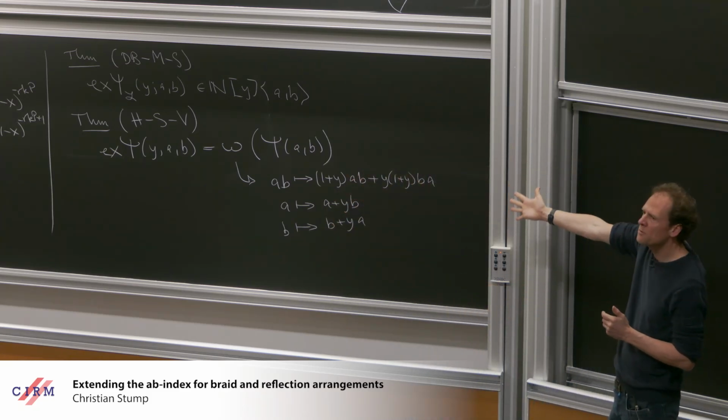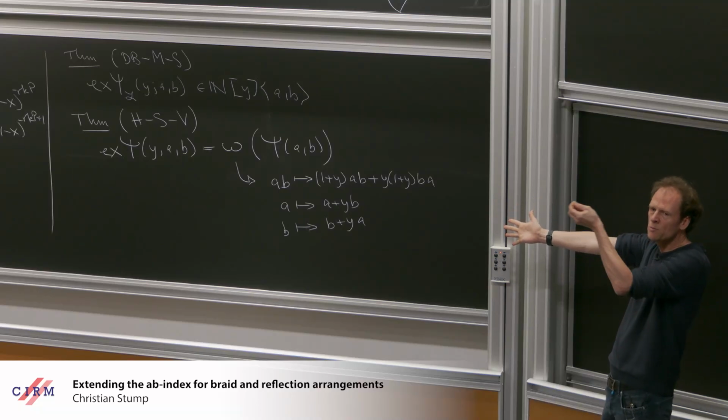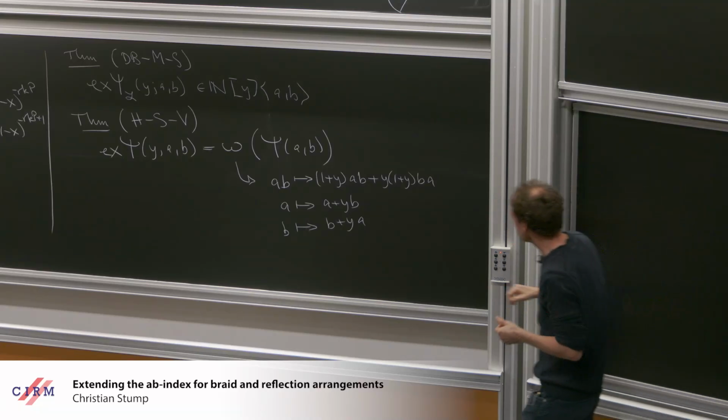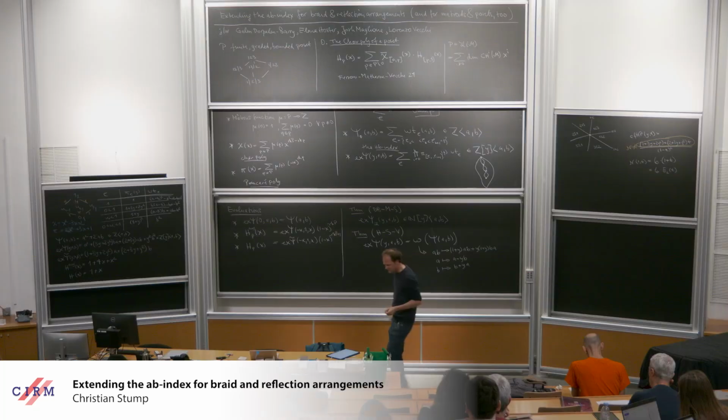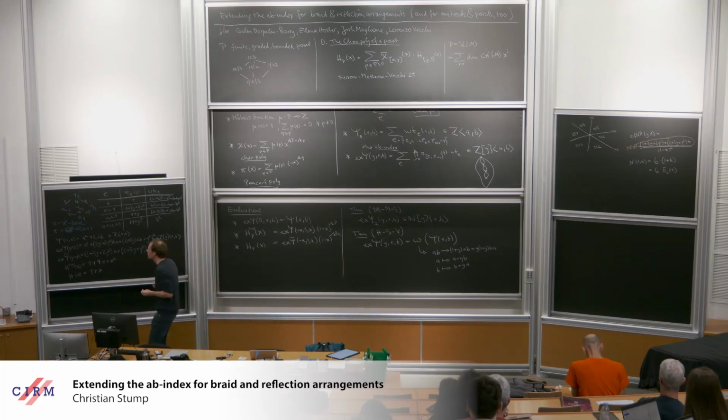So it's a one parameter generalization of the operation that takes the CD index to the AB index. And if this is still not enough to convince you, I'll try the following.